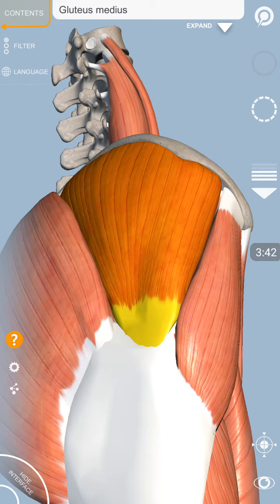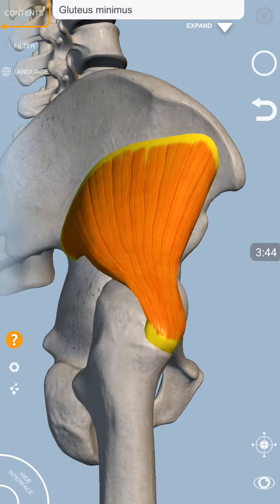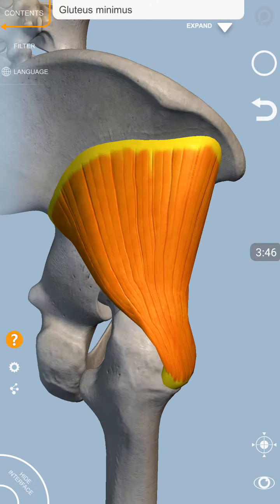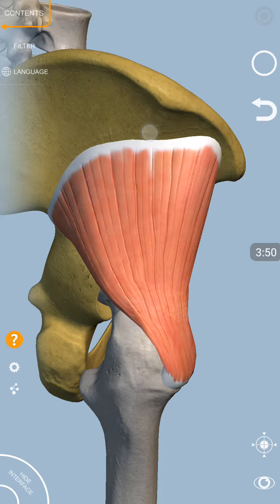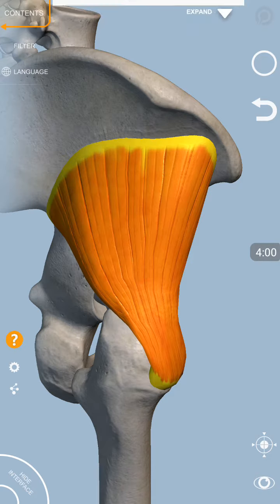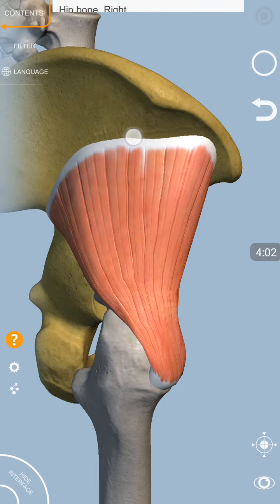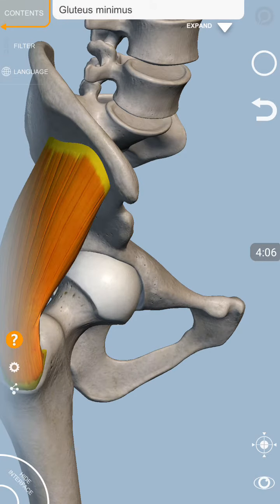Then we have the gluteus minimus. It originates anterior to the anterior gluteal line and superior to the inferior gluteal line, and look at its insertion.